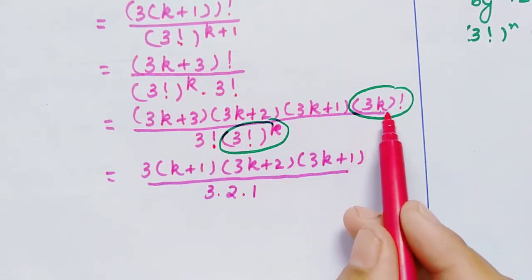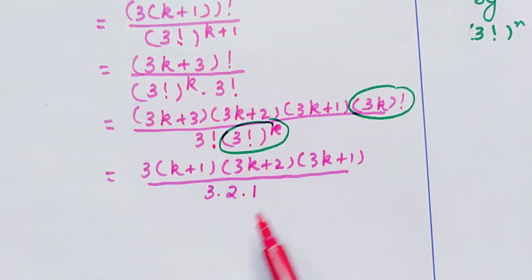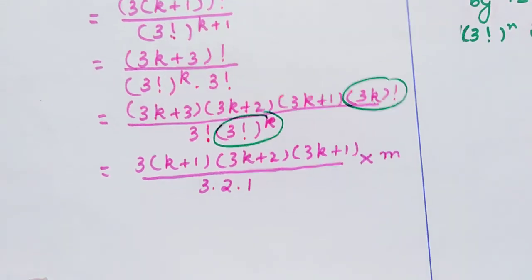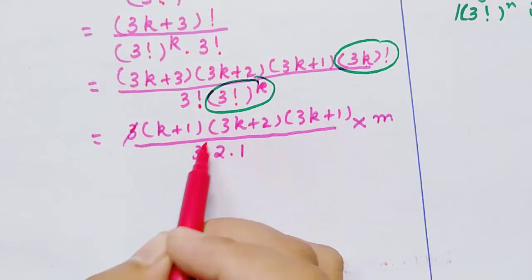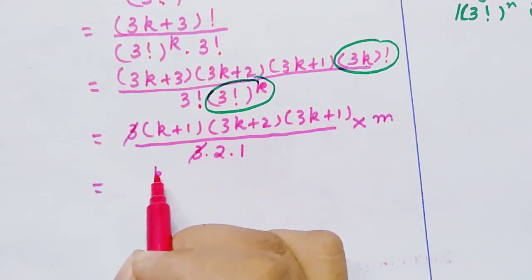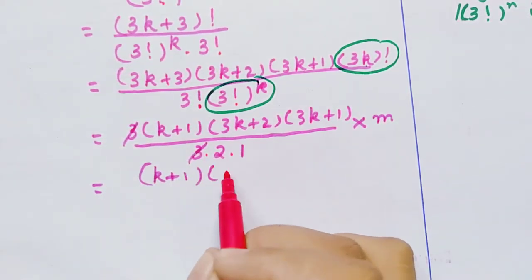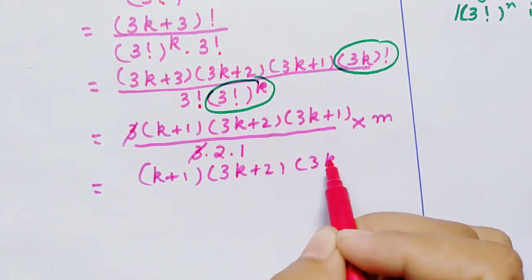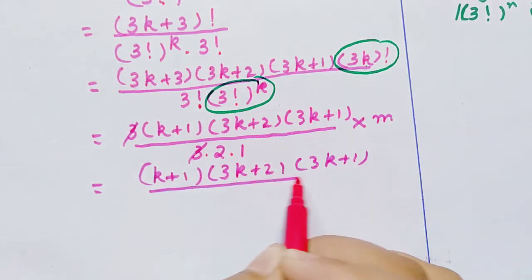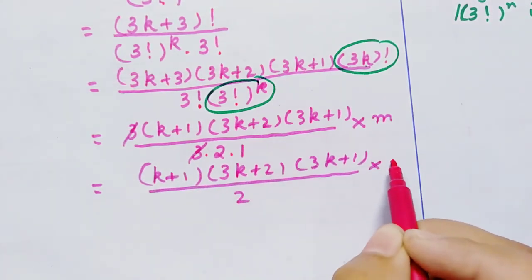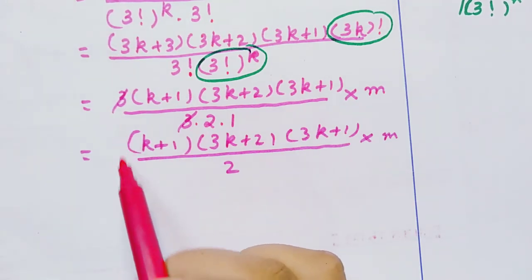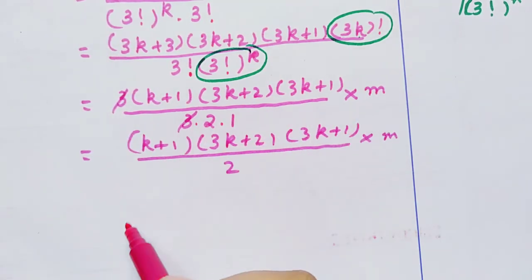And in place of (3k)! / (3!)^k, we put m, which is an integer, okay? Now these two get cancelled. And here we have (k+1) into (3k+2) into (3k+1) divided by 2, into an integer m. Now see here, we don't know whether this one is an integer or not.